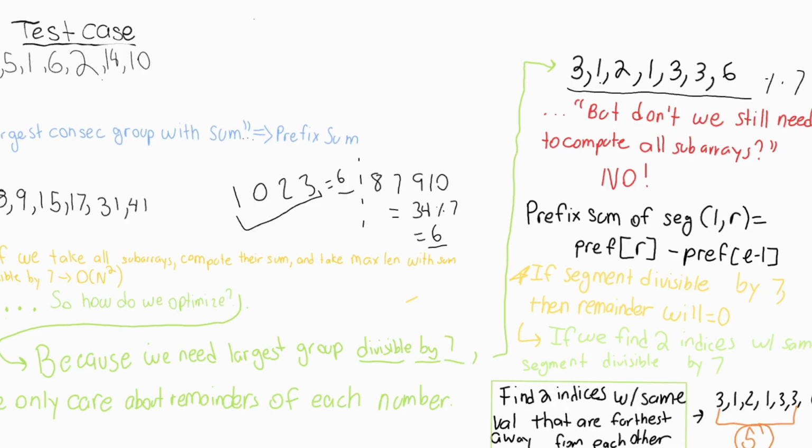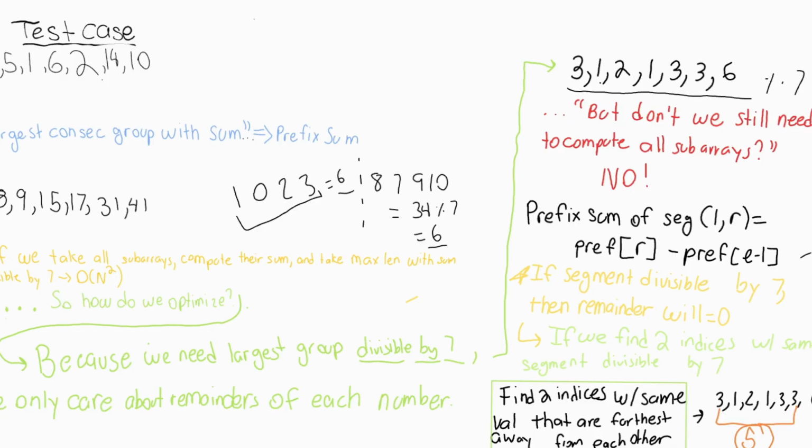But how does this really help us? Don't we still need to compute all the subarrays? No. By the prefix sum formula, the prefix sum of a segment LR is equal to the prefix sum at index R minus the prefix sum of index L minus 1.